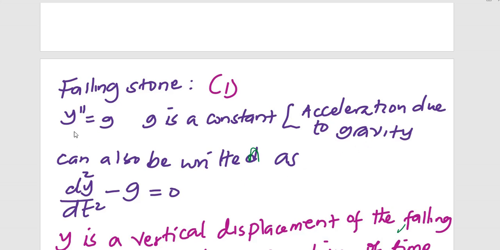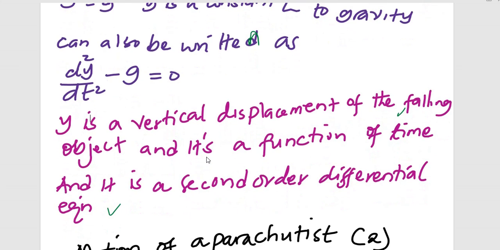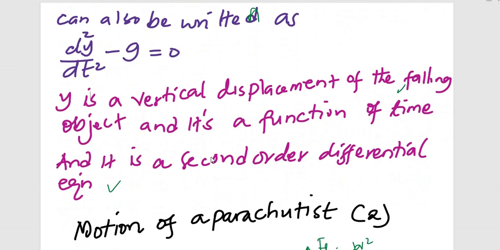This can be rewritten as d²y/dt² minus g equals 0, whereby y is the vertical displacement of the falling object, and it is a function of time. When you look at d²y/dt², it tells you that this is a second order differential equation. We will look at the solution of such problems in the near future.